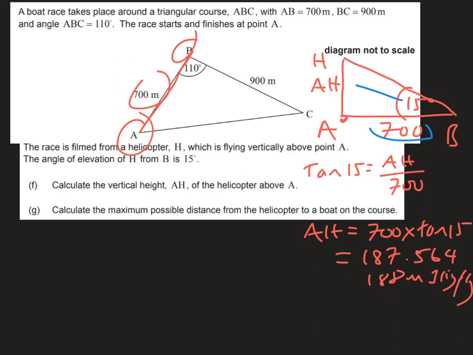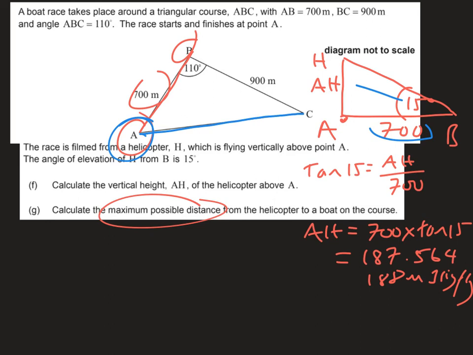Finally then, calculate the maximum possible distance from the helicopter to a boat on the course. So if our helicopter is above point A, you can see hopefully that the furthest boat, or this distance, will be as far away as you could get on the ground.